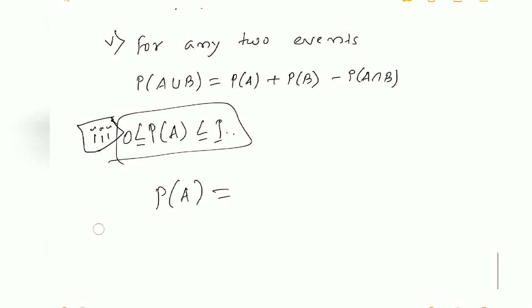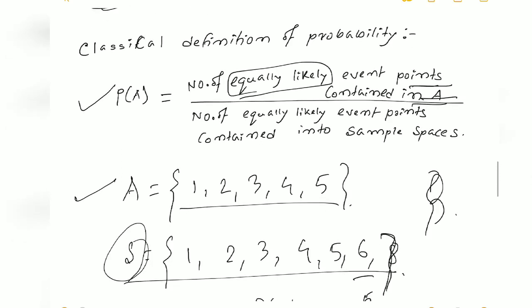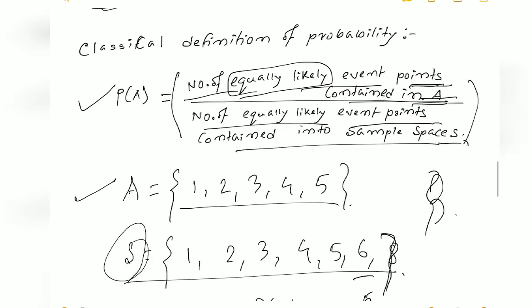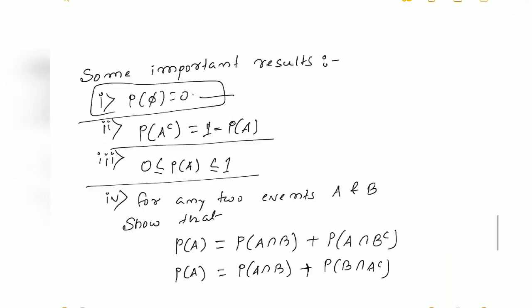Now remember the classical definition of probability. The classical definition of probability says that this probability is the ratio of the number of equally likely event points contained in A by the number of equally likely event points contained in the sample space. Now also consider the previous example. How many maximum number of points can we have in this set? We can obviously have 1, 2, 3, 4, 5, 6 equally likely event points. So that is the maximum.